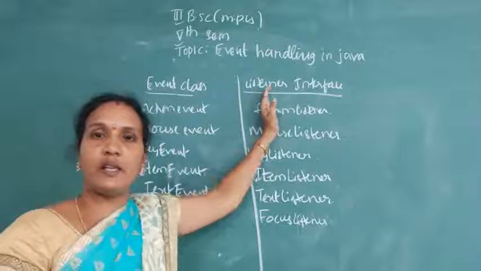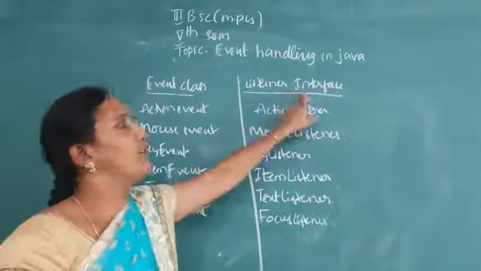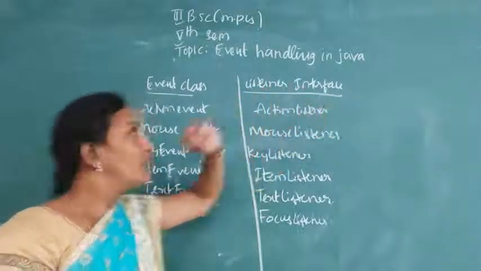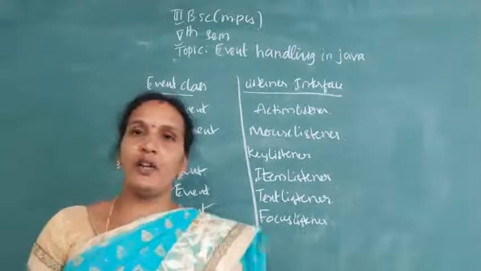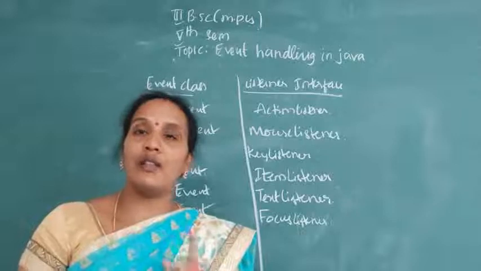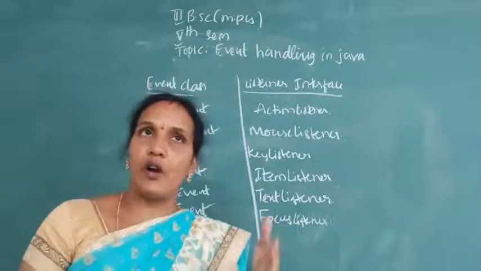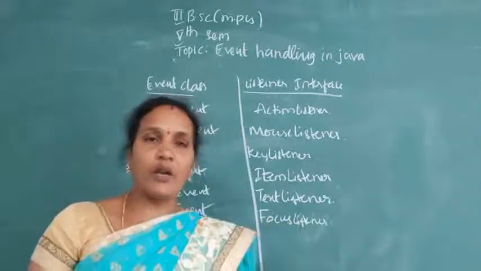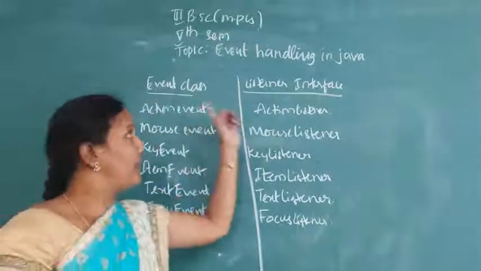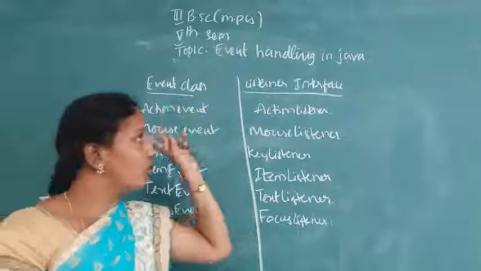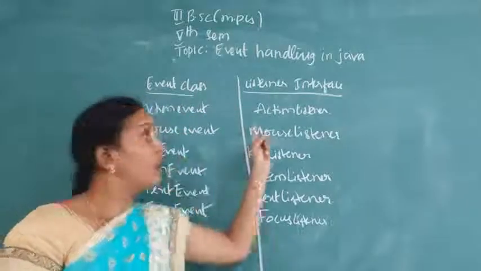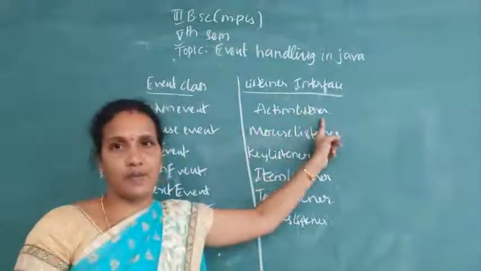As I already said, listeners are nothing but interfaces. Understood? Now, action event means you are clicking on any button, and that performs some action, for example form data is submitted to the server. In order to perform an action, the action listener is called.